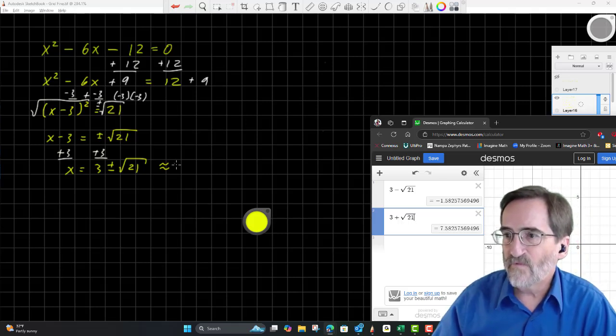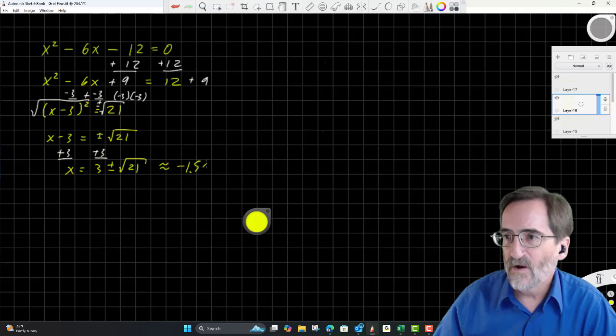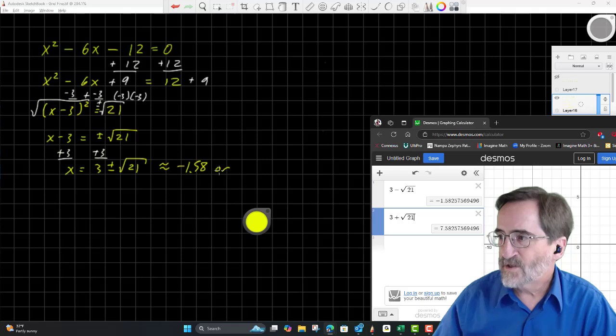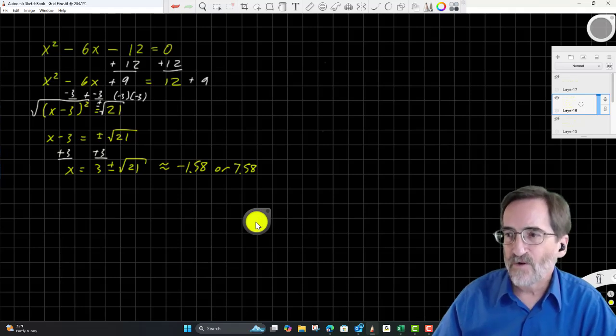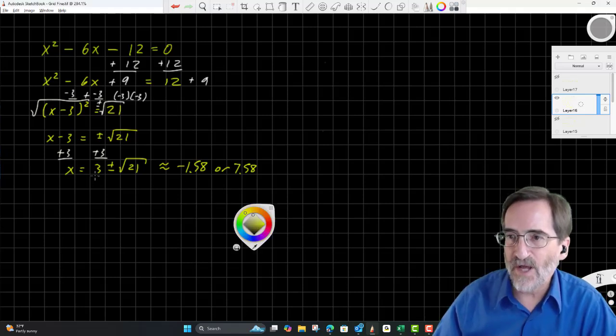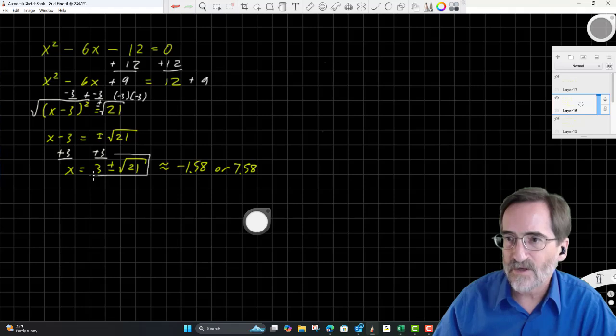Negative 1.58 to the nearest hundredths, or 7.58. And so if we were asked to leave the answer in exact form, I would leave it like this. If we were asked to approximate the answer, I would leave it like this.